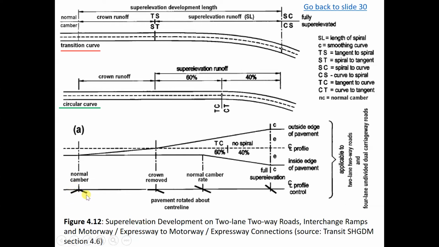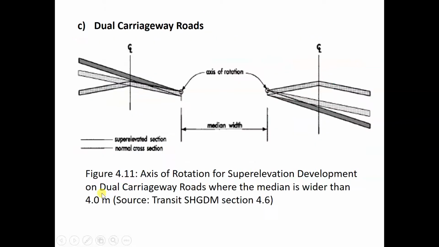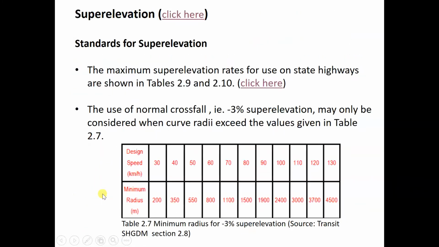That means the pavement is sloped to both sides, both edges. So this is the normal camber, and we could maintain that if we satisfy the condition in table 2.7.